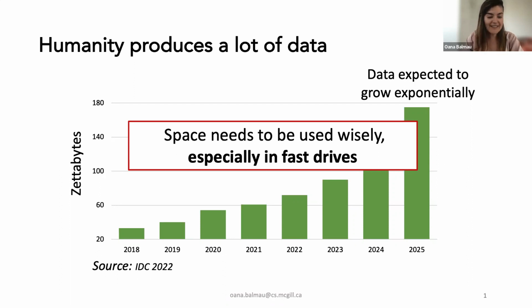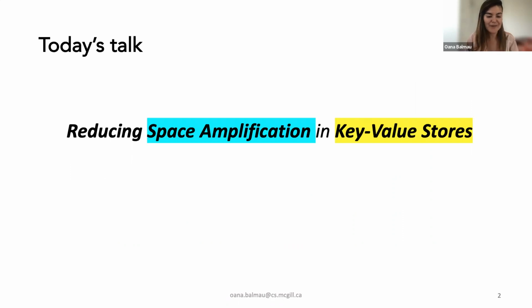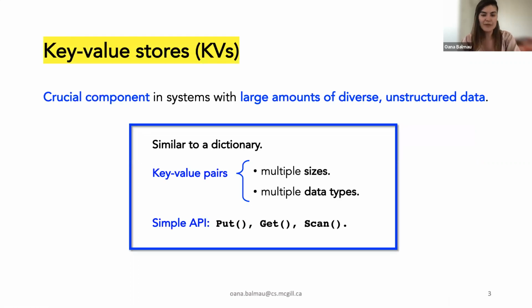Now, before I start to tell you a bit more about drives and everything, I thought I would just break down the title so we're all on the same page here. So today I want to talk about reducing space amplification in key value stores. Before I get to the reducing part, I want to tell you about the key value stores part and the space amplification part. So key value stores, quickly, they're very important components in big systems for handling unstructured data.